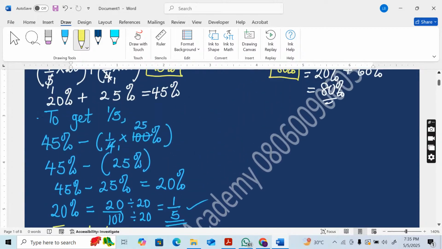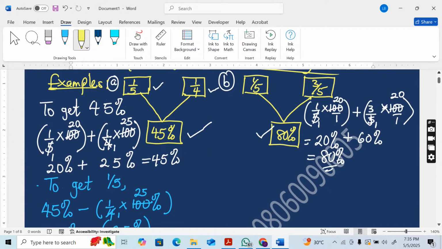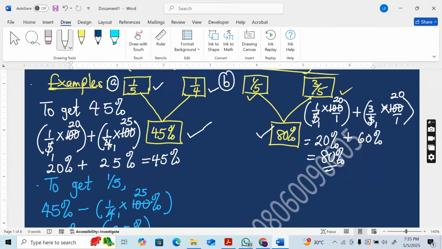Now let's move on to the second sample and solve for 1 over 5 and 3 over 5. So how do we get 1 over 5 from here? We have to subtract the percentage of 3 over 5 from 80%.